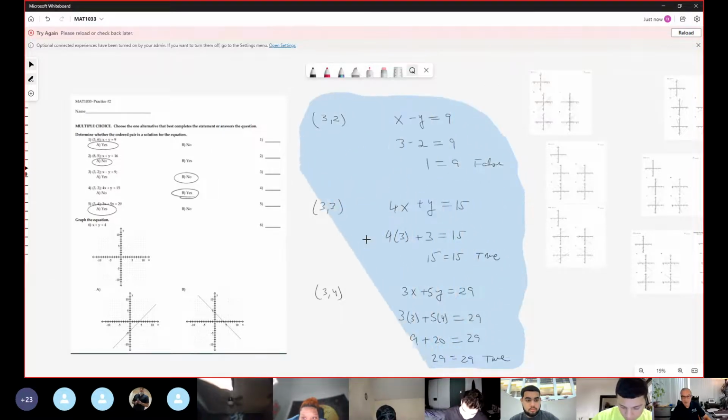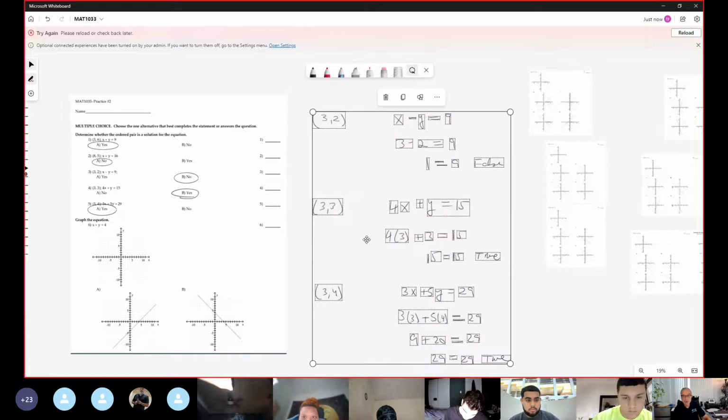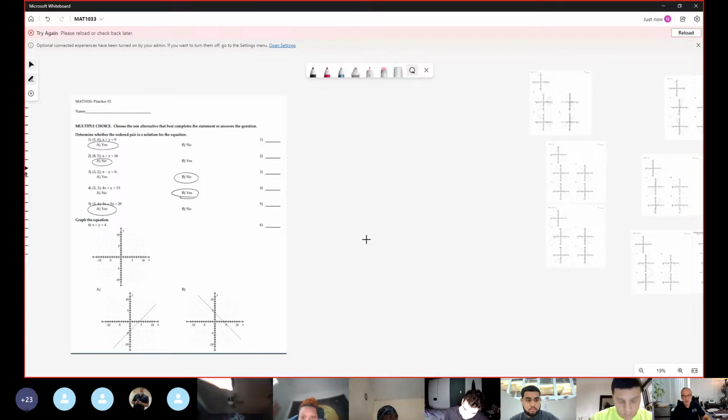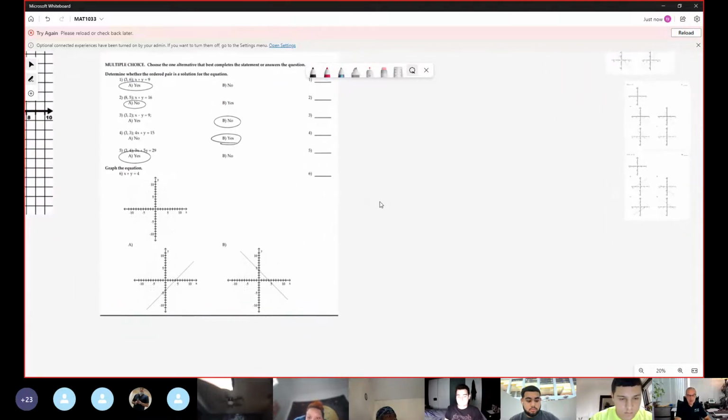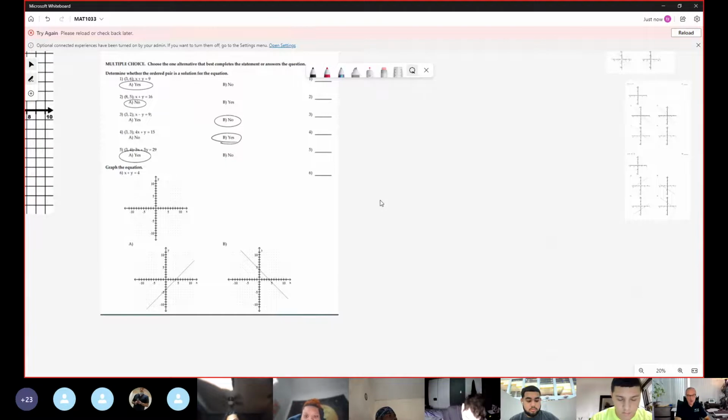Okay, now we're focusing 100% on the graphic part. In the graphic part, we have 2 possibilities: using the slope and y-intercept idea, or using the intercepts. Let me explain the intercepts. You say, oh no, I learned only one.